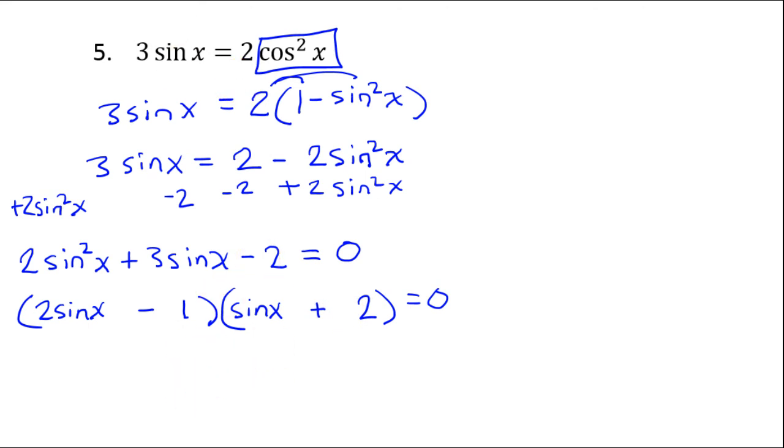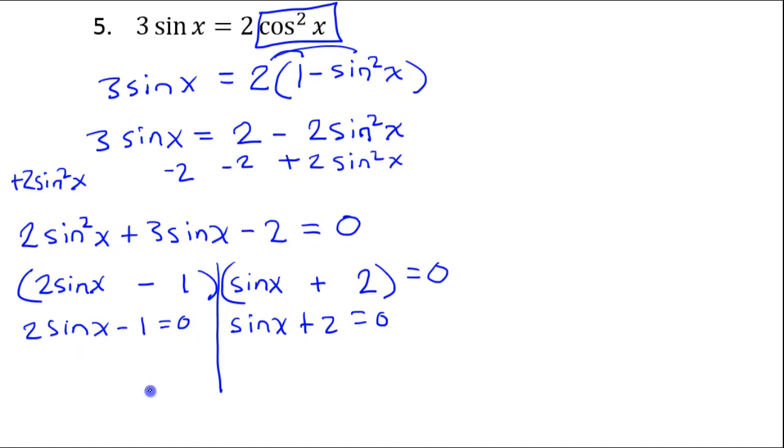So now we can do the zero product property and set each of these equal to 0. So setting 2 sine x minus 1 equal to 0, and we're going to set sine x plus 2 equal to 0. Subtracting 1 from both sides, I'm going to get 2 sine x is equal to 1.